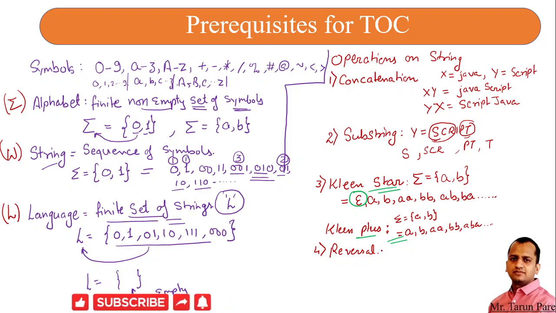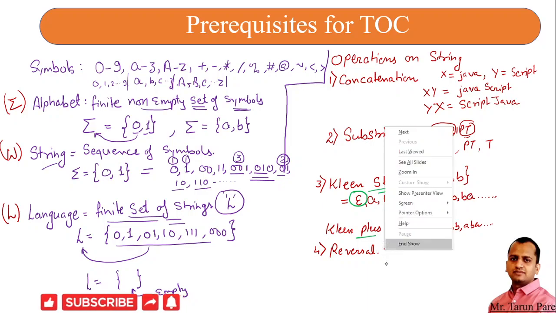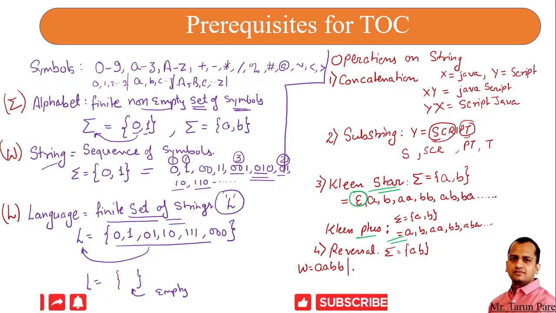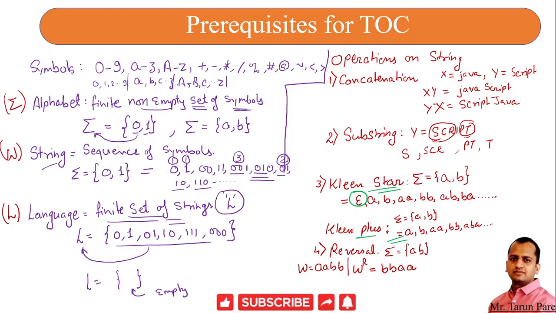Suppose there is an alphabet {a, b}, which can form a string, suppose aabb, and this is represented by w. Then the reverse of this is represented by w to the power R. So the reversal of this string will be bbaa.